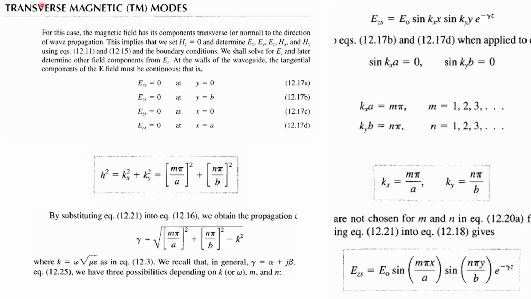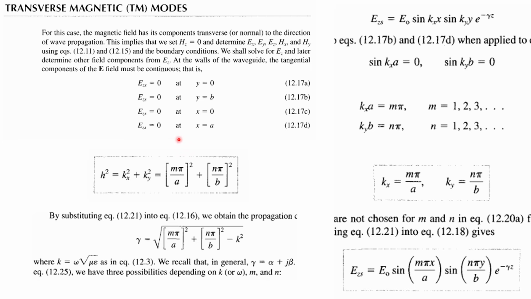So let's consider the case of the transverse magnetic field. In this case, transverse magnetic means your magnetic field should be zero in the propagation direction. And here these are the boundary conditions. So suppose the rectangular waveguide. At the rectangular waveguide, Ez is 0 at y equal to 0 and y equal to b.